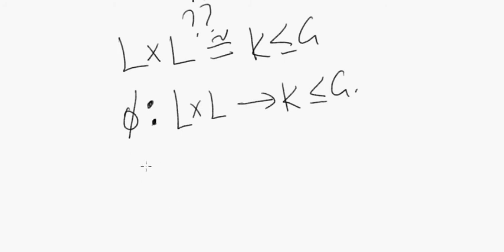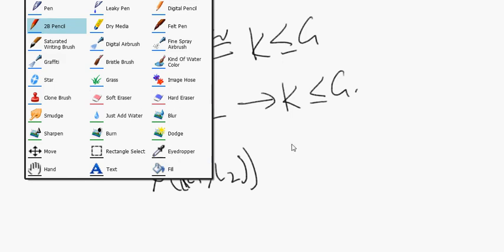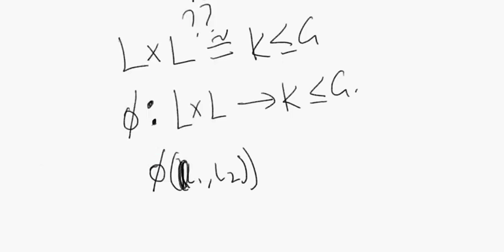So what do the elements of L cross L look like? They are elements of the form phi of, let's say, L1, L2, an ordered pair L1, L2.